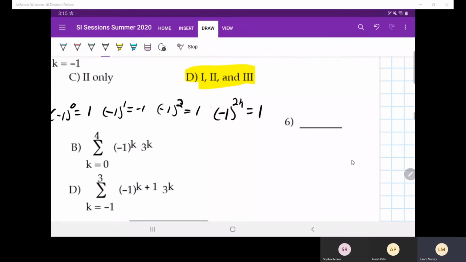Therefore, it'll equal 1. And then in this one will always equal -1 because the power will be odd.